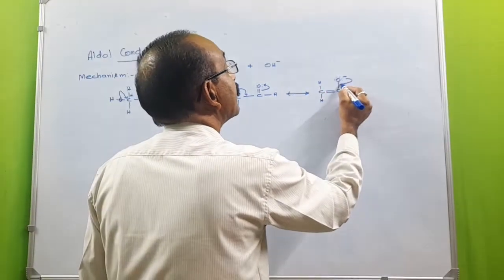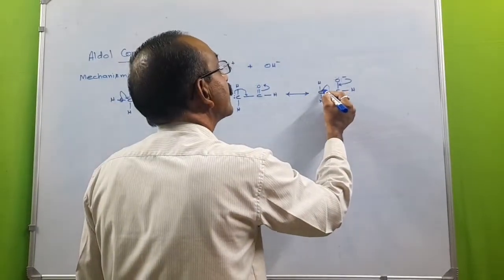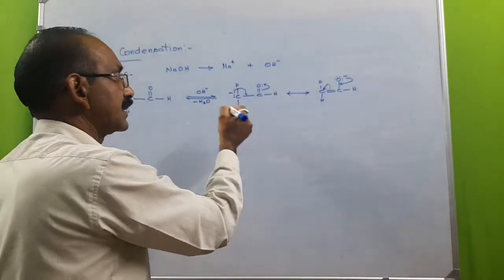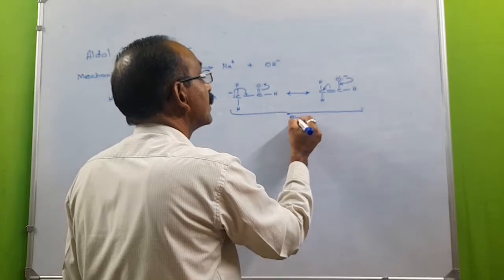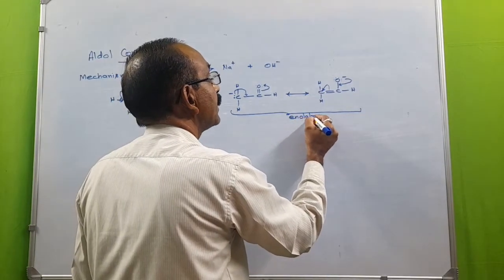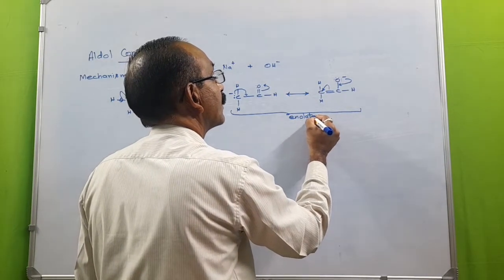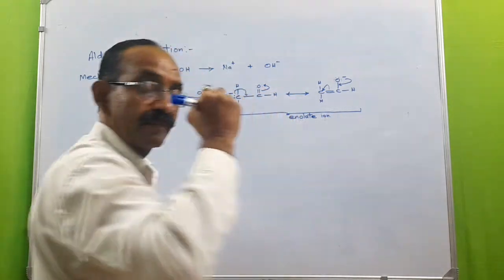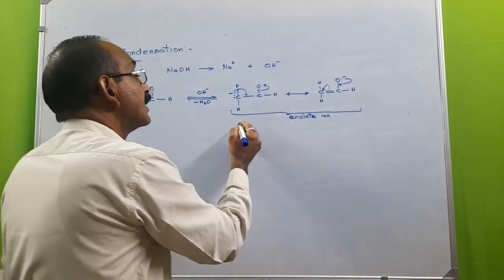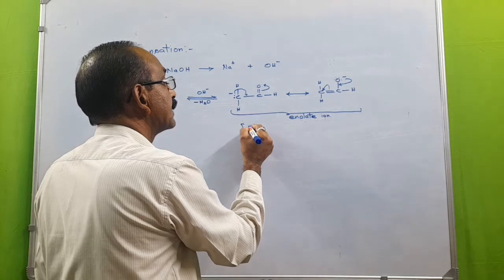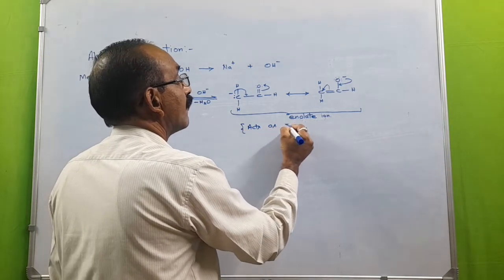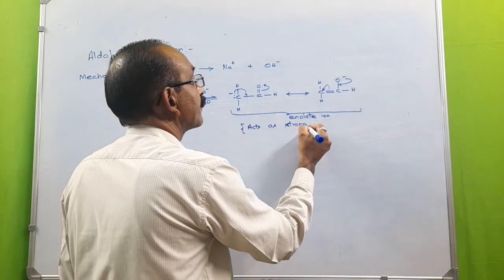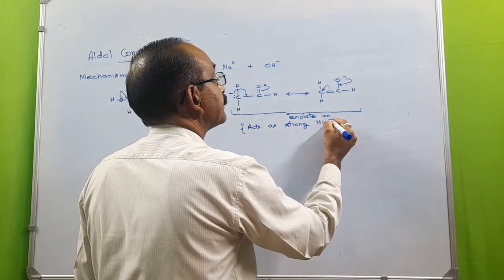Again, these electrons may come back. So this is the resonance. This ion is called enolate ion. This enolate ion itself acts as a very strong nucleophile.